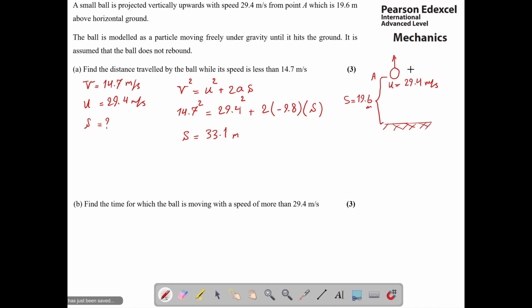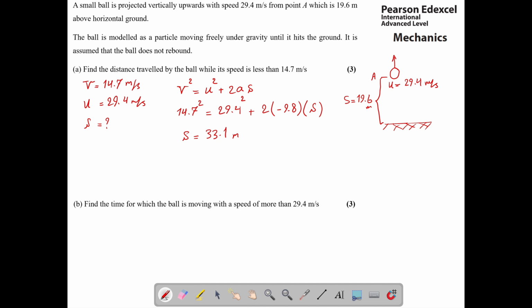When again it reaches the same point, point A, our velocity will be 29.4, and when it passes this point, our velocity will be more than 29.4, and it will increase until it hits the ground.